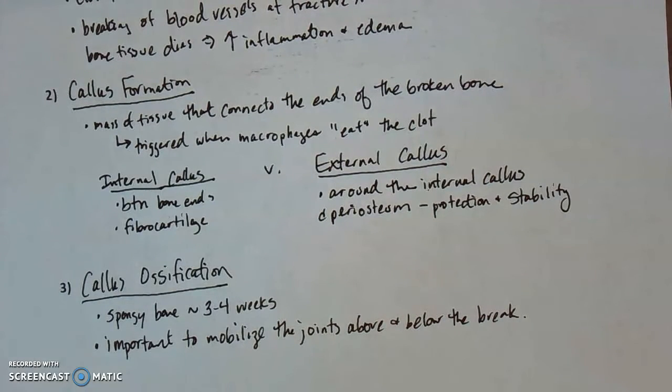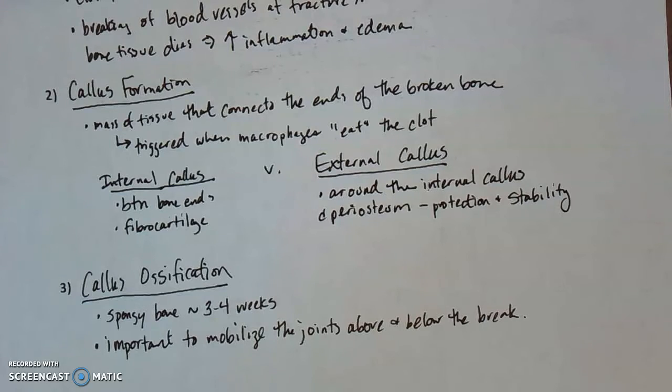So if you were to break your ulna or radius, the bones of the forearm, they're going to immobilize your wrist and possibly your elbow. Depending if you break your wrist, they're going to immobilize your hand bones and your thumb and your ulna and radius. So it'll be on your forearm upwards to your hand. So they try to limit that motion.